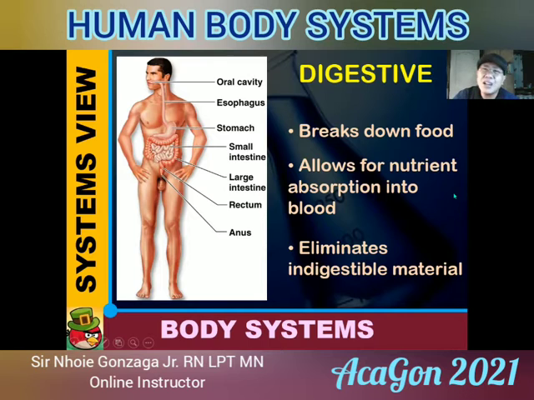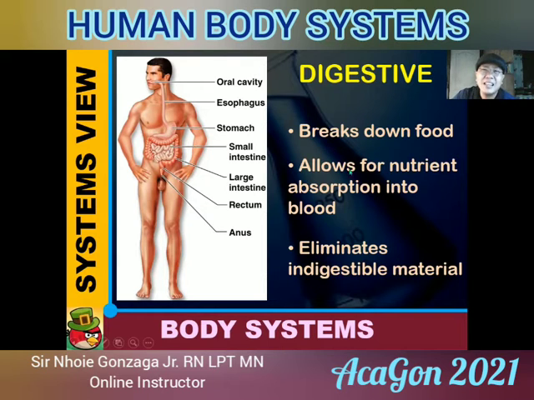So the main function of the digestive system is to break down food. Because when you eat food, it's very big, okay? The idea of to digest is to make it smaller and smaller and smaller until it can be enough to enter the bloodstream and for the bloodstream to bring this to the cells around our body.